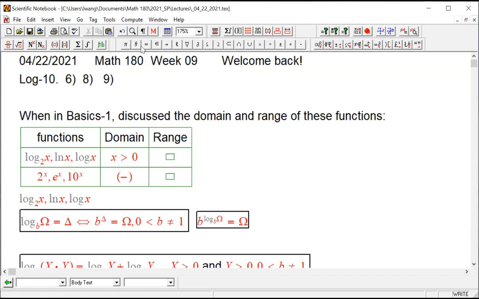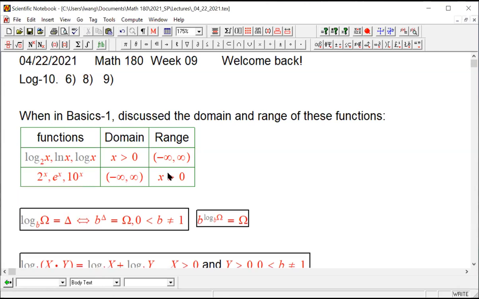Correct? Yes. Okay, so we're rather familiar with these. And the range for logarithm of all these three functions is just the other way, right? Yeah. And we will see that this is reflected on the definition as well.